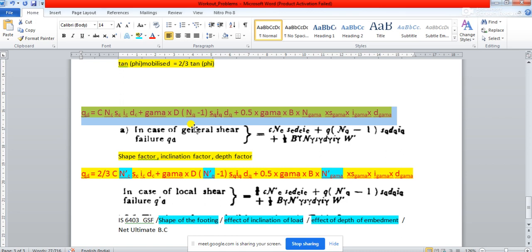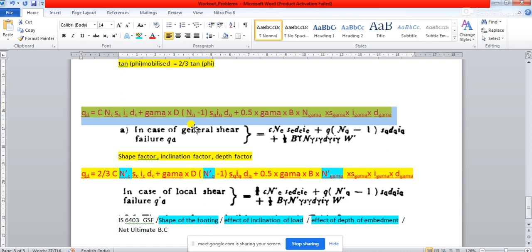With a ratio between Df and B, you can calculate the effect of depth of embedment, and you can apply it. You can apply this formula considering the effect of water table, okay. So this formula is the most generic formula you can have, okay. So this takes into account everything about bearing capacity, and that is the Indian Standard Code 6403 formula, okay.